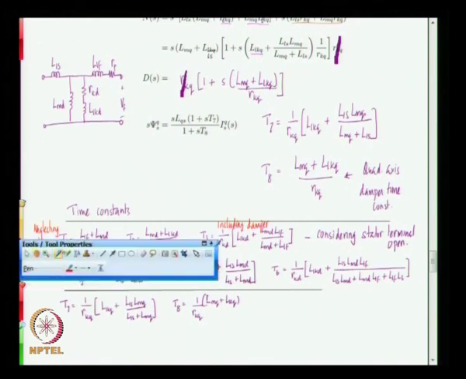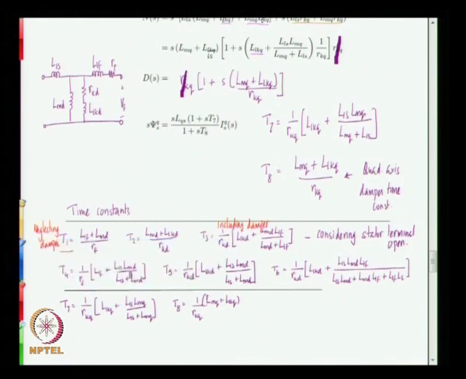So if you look at the numbers T4, T5 and T6, you can get T4 by considering that the stator terminal is shorted and then neglecting the damper again. So, this is not there. If this is shorted, then LMD occurs in parallel with LLS.